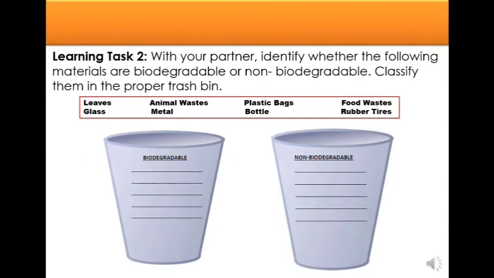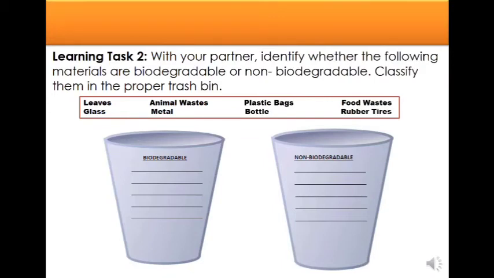With a partner, identify whether the following materials are biodegradable or non-biodegradable. Classify them in the proper trash bin. So, isa-segregate po natin sila. Which are biodegradable? Ano naman ulit pag biodegradable? Okay, yung mga nabubulok. At non-biodegradable are those hindi nabubulok.